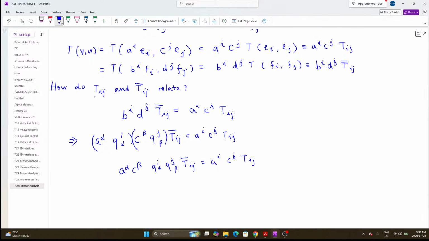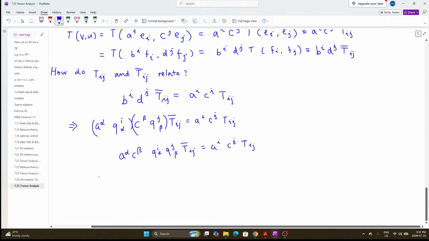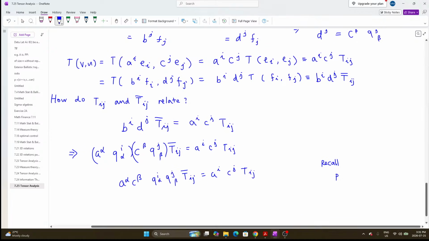I feel like we're getting close. Maybe we can try multiplying by P. Let's recall the relationship between P and Q. Here, I want to cook up a Kronecker delta.